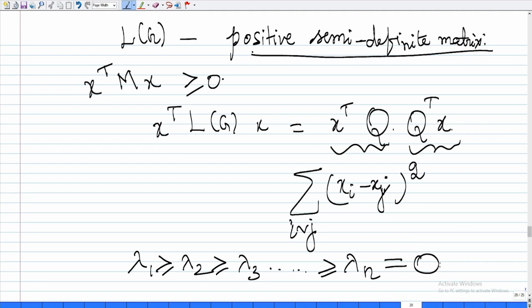And there is always at least one 0 eigenvalue for the Laplacian. We do not know about the second one. So, the second one, lambda n minus 1, whether it is 0 or not, that itself pitches in lots of studies, and how far it is from 0. Okay, the value of lambda n minus 1, how far it is from 0, also gives different perspectives that you can derive from the network.